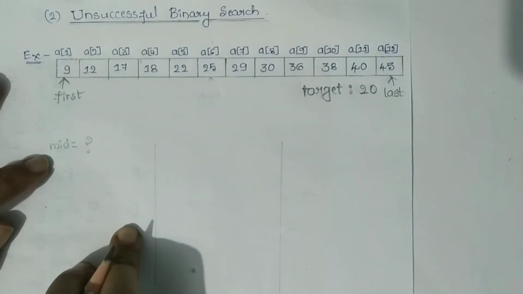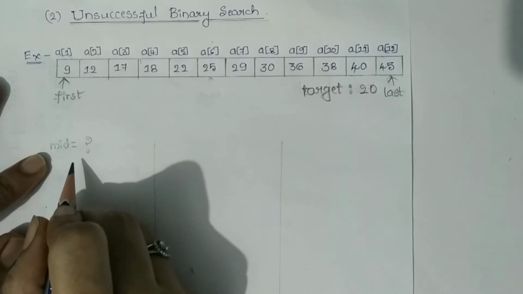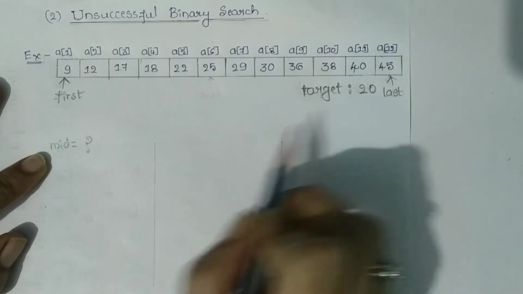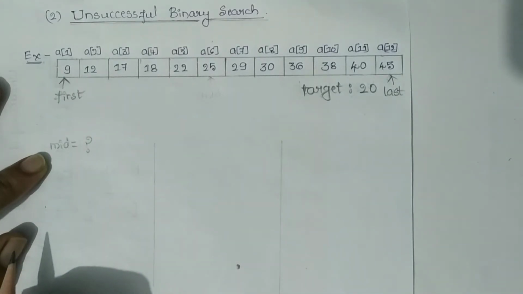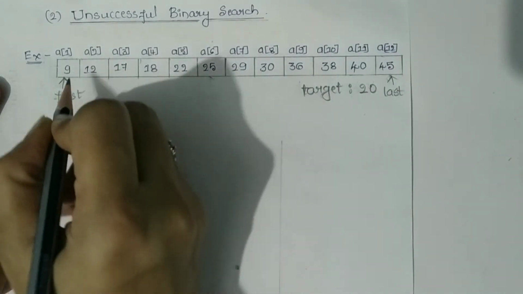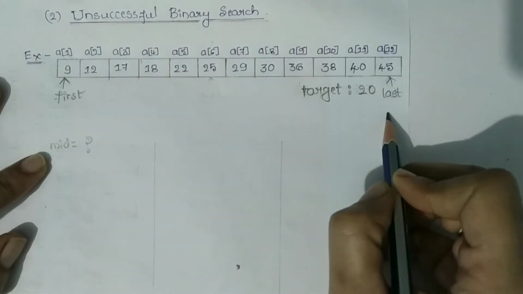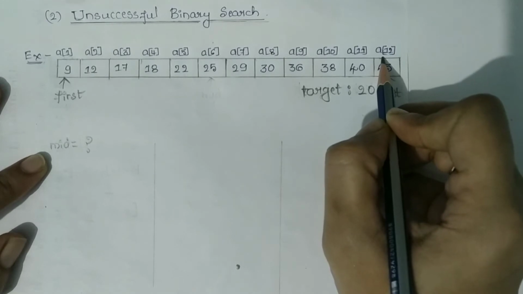How can we find the mid value? We know that to find the mid value, we calculate first plus last divided by 2. What is the first here? First is array of 1. Last is array of 12.